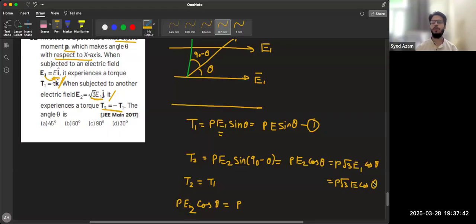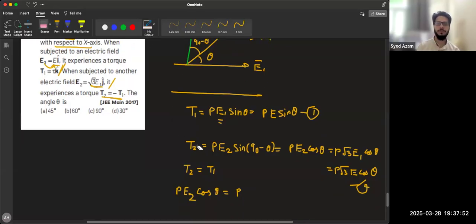Are you able to follow it? Is it clear up to here? This is equation two. Now, since T2 is minus of T1, meaning they have opposite directions and equal magnitudes, just compare them. So P root 3 E cos theta is equal to PE sin theta.